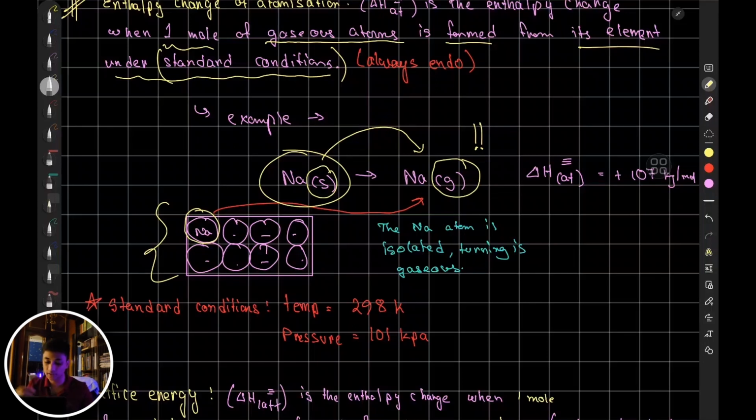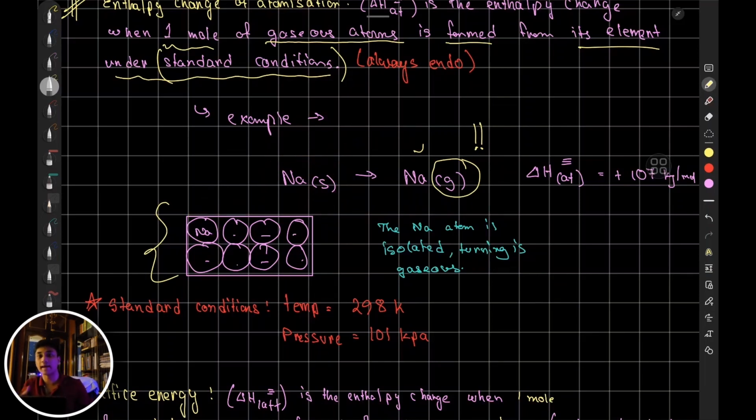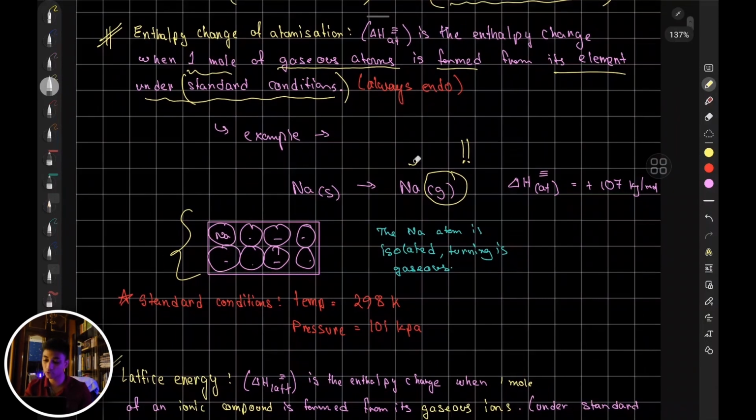So what we're doing is breaking this sodium atom off and making it a gas. So we are atomizing the element. And how many moles of the atom do we need?